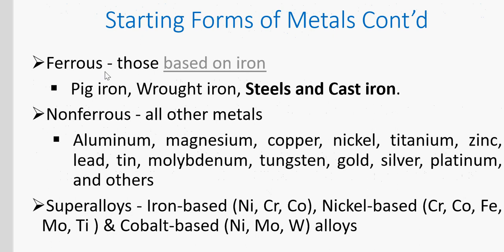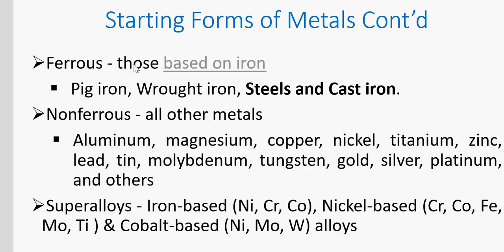Now we look at the difference between ferrous and non-ferrous metals. There are two things here, either ferrous metal or ferrous alloys. When we say ferrous metals, we are only looking at iron. When we say non-ferrous metal, we are looking at all other metals apart from iron, such as aluminum and magnesium.